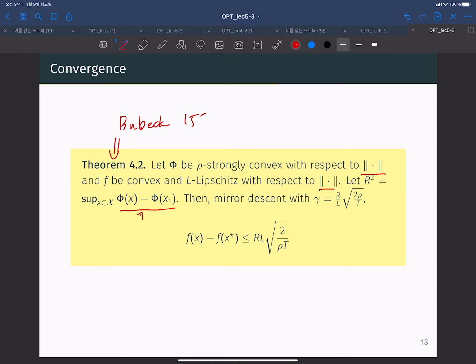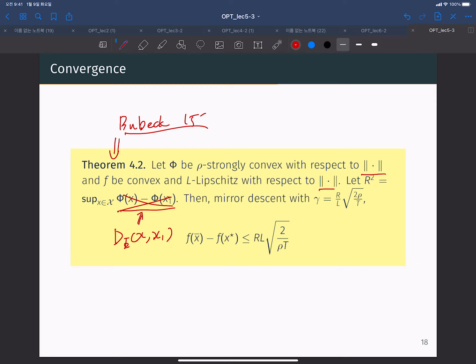This was the original statement in the textbook, but I think the Bregman divergence between any point in our constraint set and the starting point is the more right expression. So this should be the Bregman divergence between x and x1 with respect to the Π function.